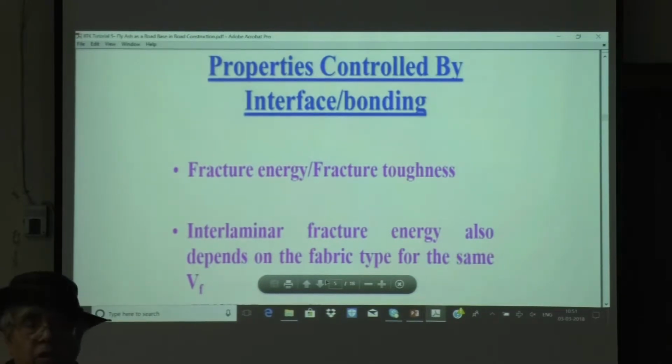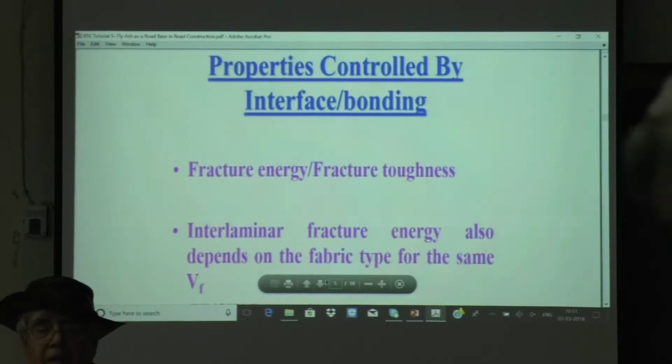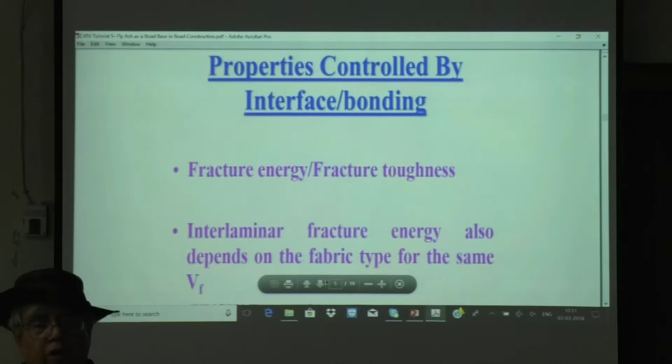It was glass fiber in a thermoset matrix, and there it shows that one type of fabric gave about 4 times more fracture energy than the other ones. And when it was published, that concept was welcomed by Boeing International, and now in the 787 they are actually using that kind of thing.